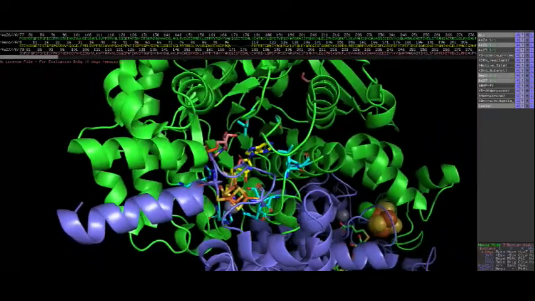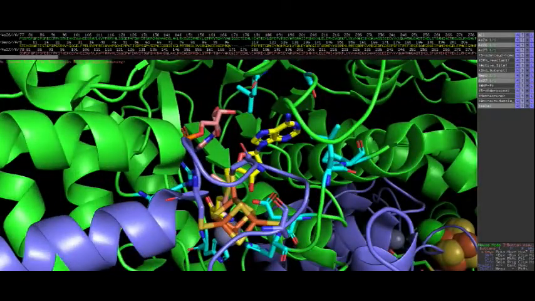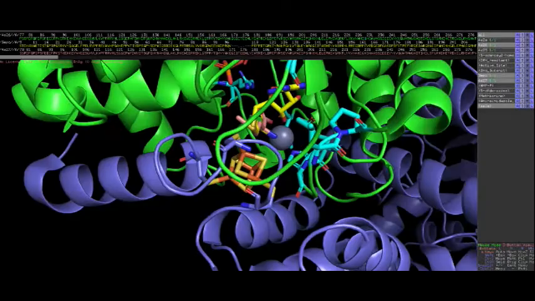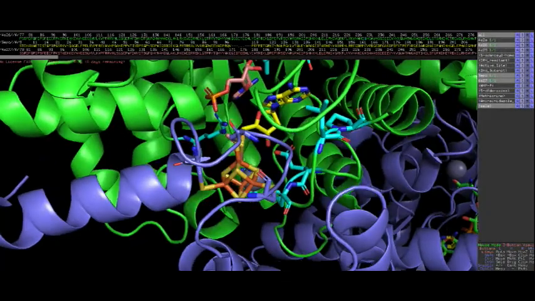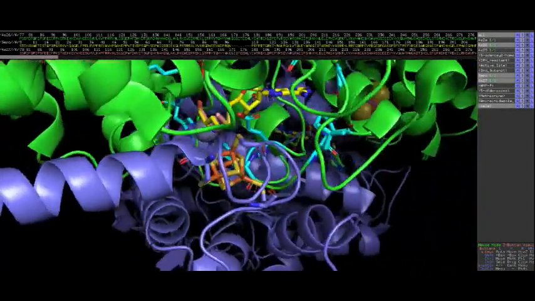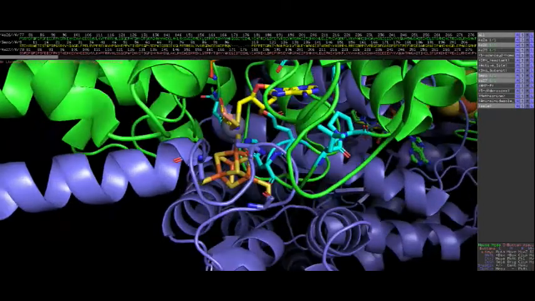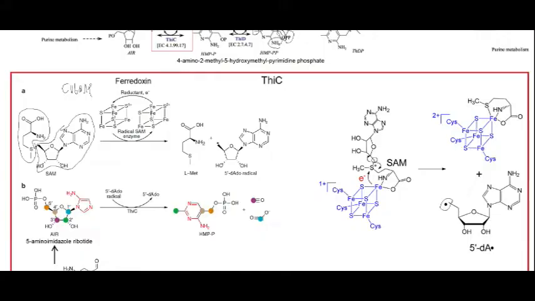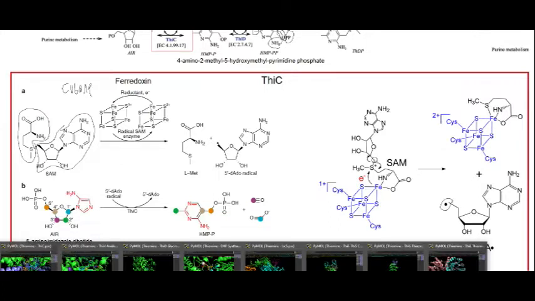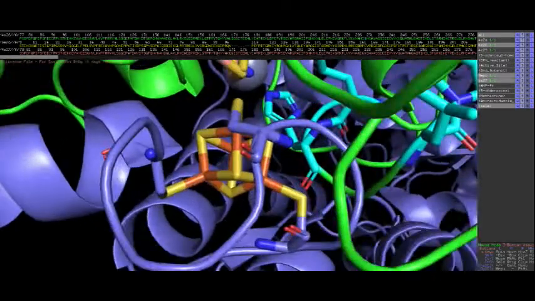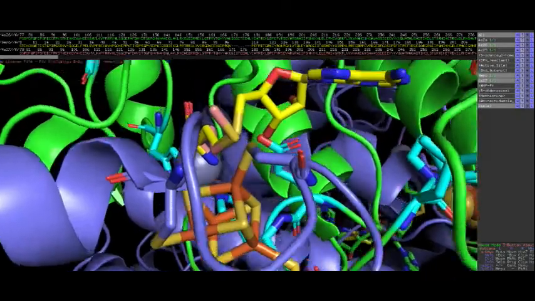So we can see down here, this is our ferredoxin, this yellow-orange cube thing. And we can see it's held in here by these cysteines, which is what this showed. It has these cysteines on it. And we can move over here.